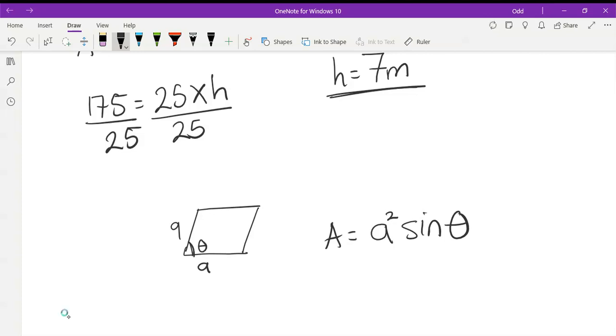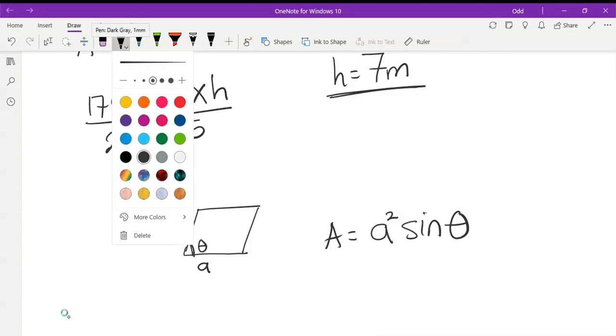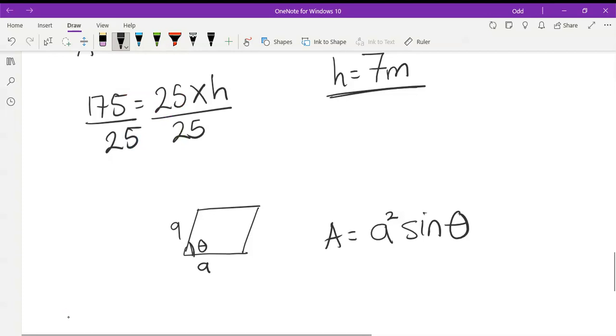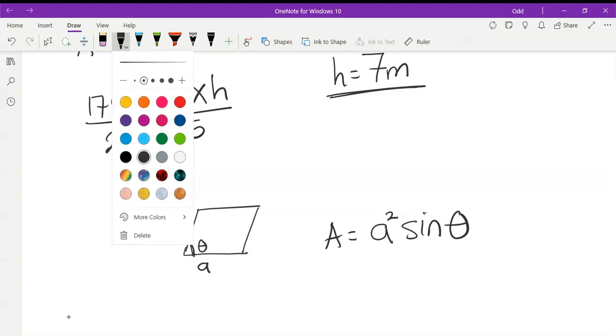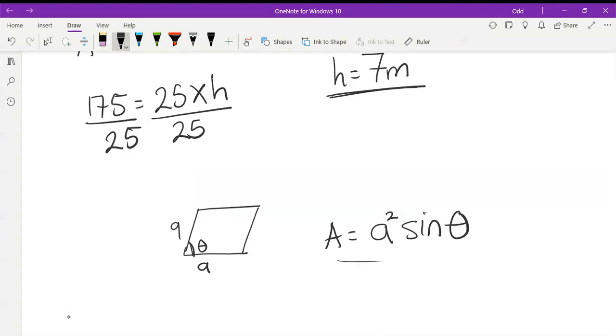It's for trigonometry. So I hope this helps. You only use this if they give you the angles. So use this in trigonometry, but it's just good to know just in case you're ever given a question.